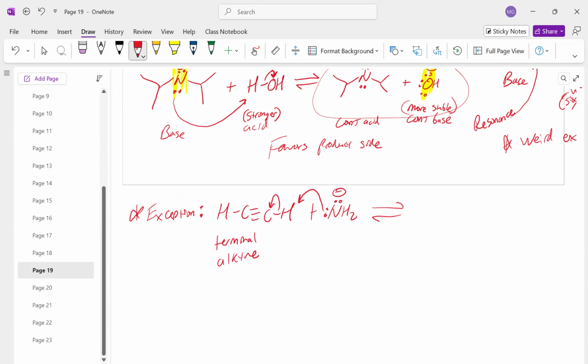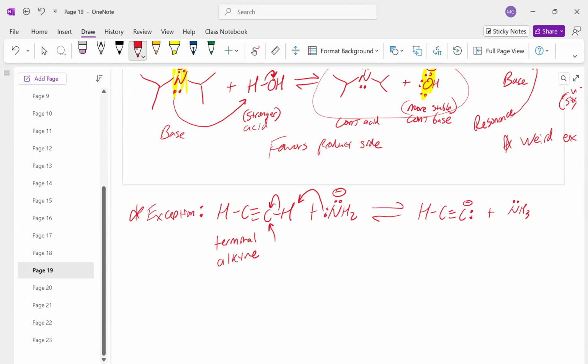What that means is that in a carbon chain, if there's a carbon-carbon triple bond at the end of the carbon chain, the carbon at the end has a hydrogen on it. Now, if I draw the results of this acid-base transfer, we'll get these products.